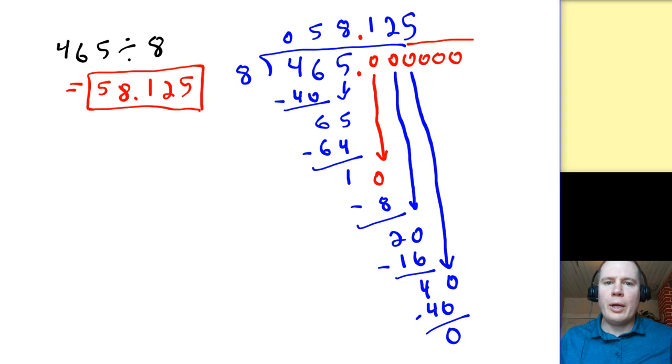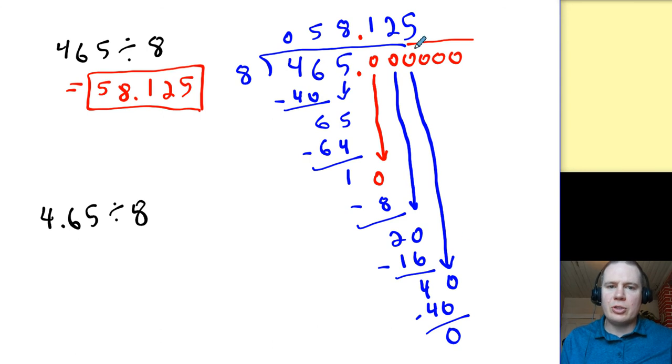Well, what happens if our initial number is itself a decimal? Let's say 4.65 divided by 8. Well, that's not any harder. I still see 465. 8 doesn't go into 4. 8 does go into 46 5 times, right?